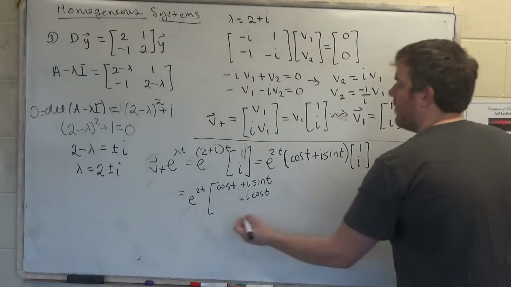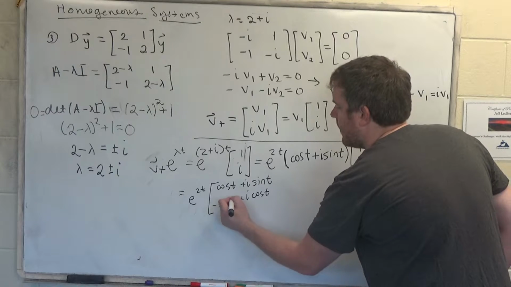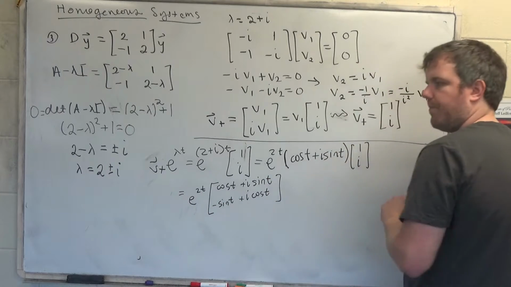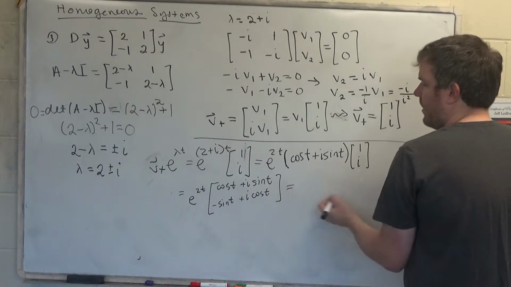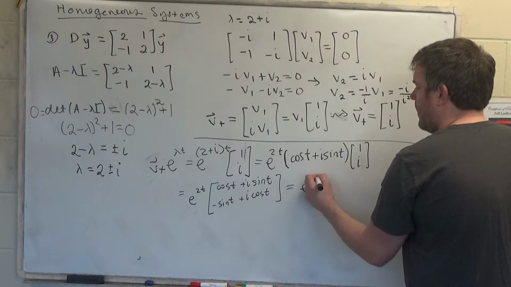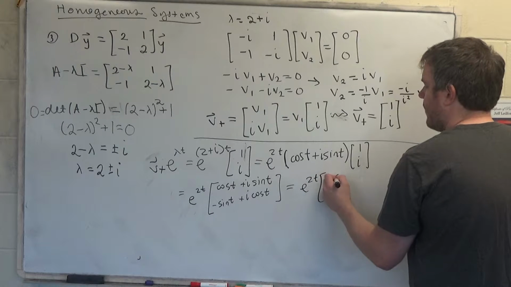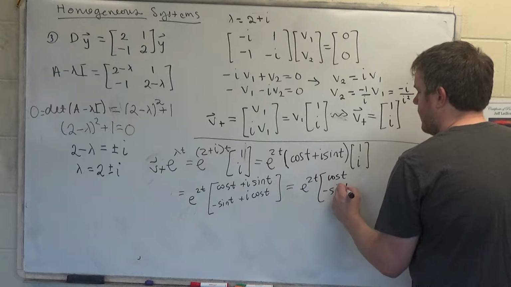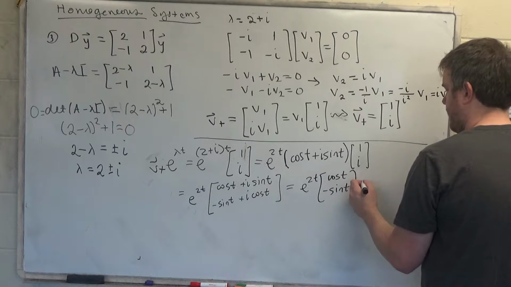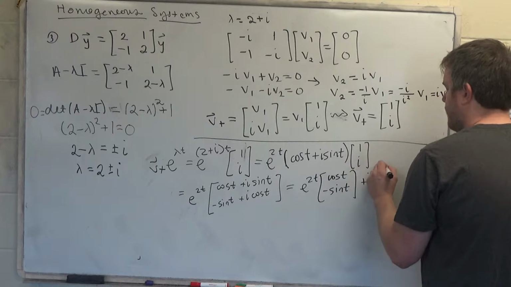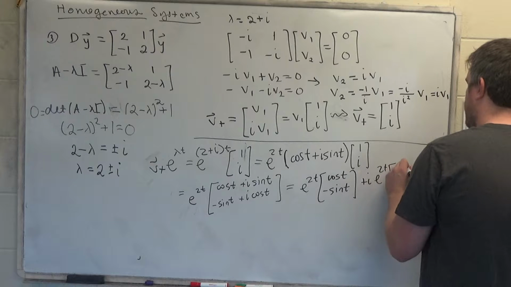And i times i is -1, so negative sine t. Now splitting the real and imaginary parts up, I get e to the 2t times (cosine t, negative sine t) plus i e to the 2t (sine t, cosine t).